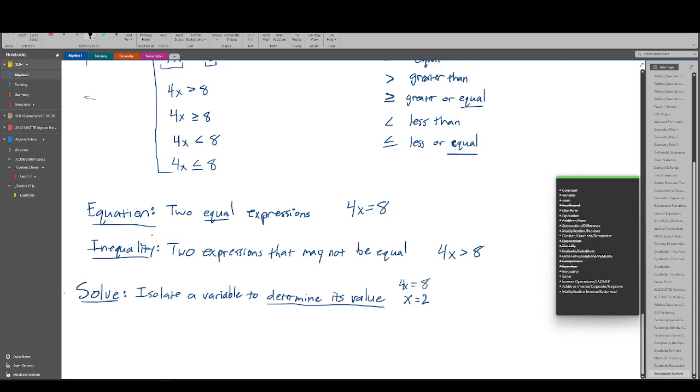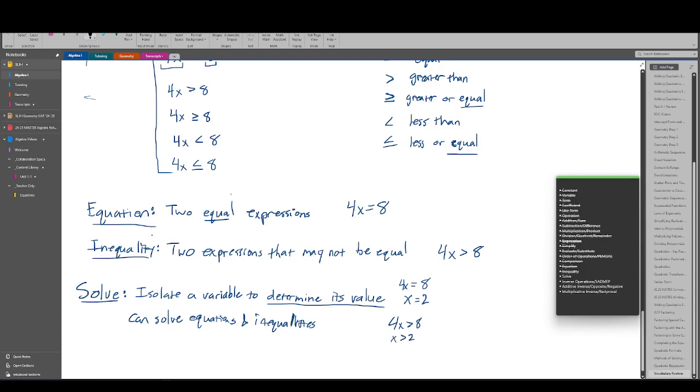And similarly, we can solve equations or inequalities. And it works the exact same way. In fact, that's our first topic we'll really be working on for the first few days this year. So if I had 4x is greater than 8, then I also have x is greater than 2.